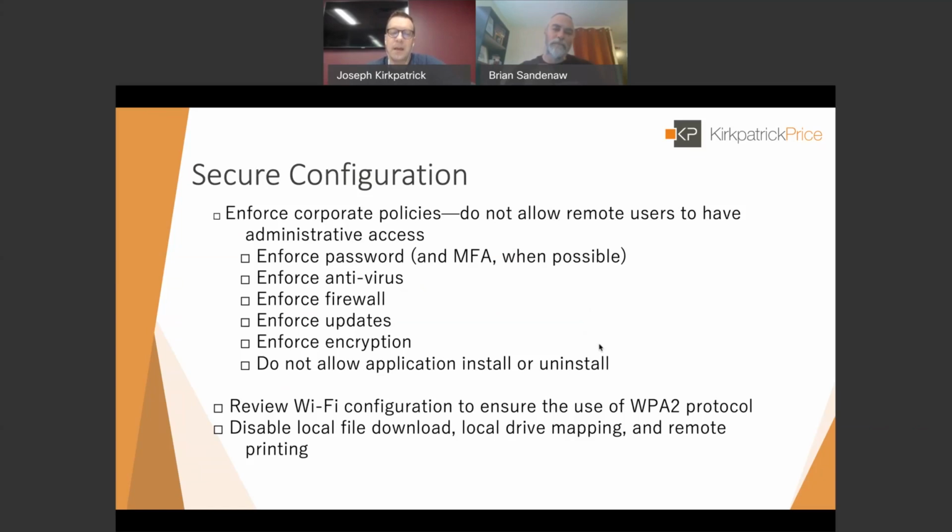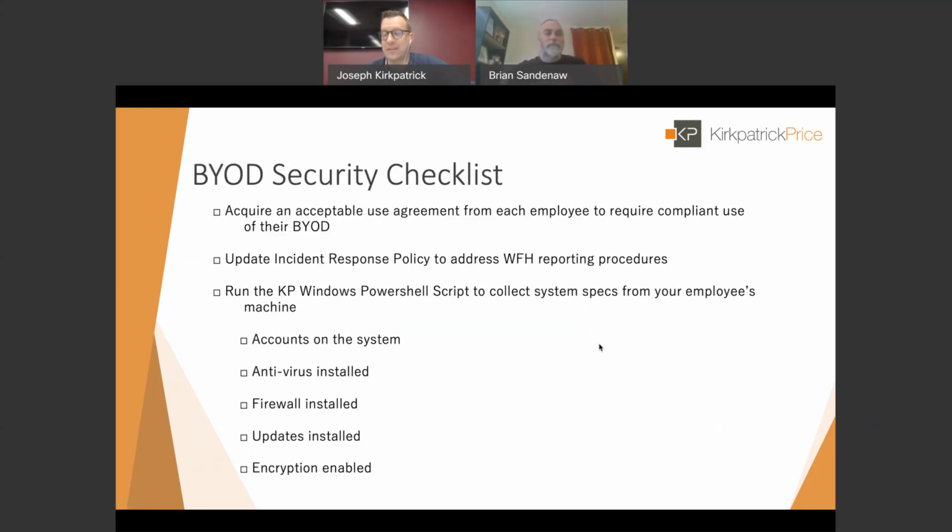We've heard a lot is that, this caught us by surprise. We didn't have enough corporate-owned systems to allow people to have remote access. And so now we're bringing our own device. We're allowing people for the first time to connect from their home computer or their home laptop for the first time from their home network.